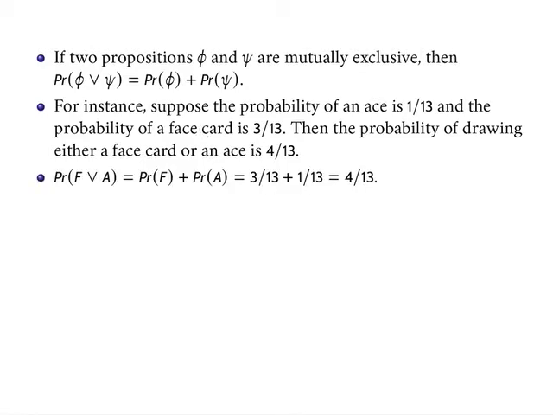So to put this a bit more formally in terms of the actual calculation, here we have F standing for that you draw a face card, and A standing for that you draw an ace.